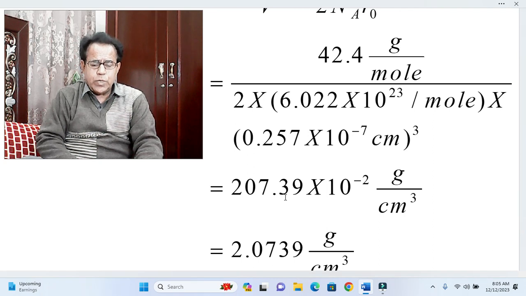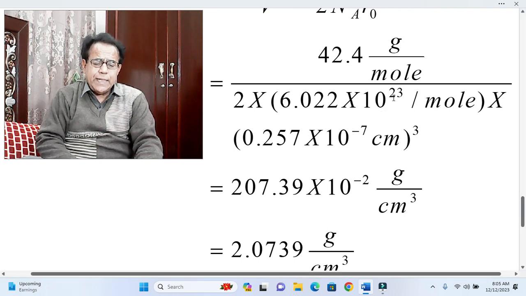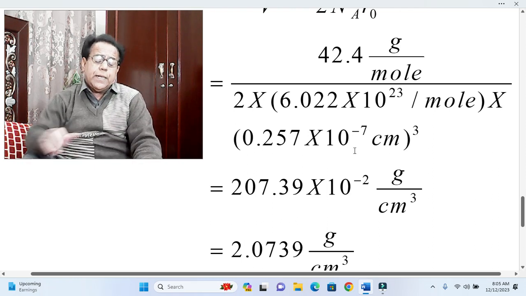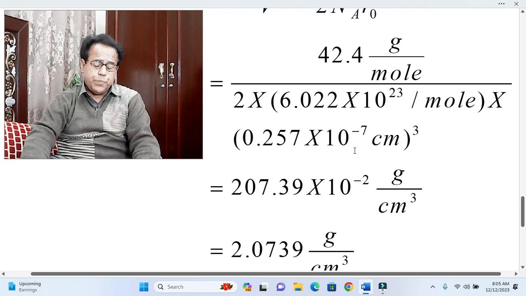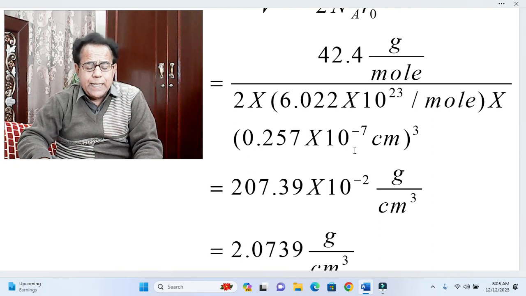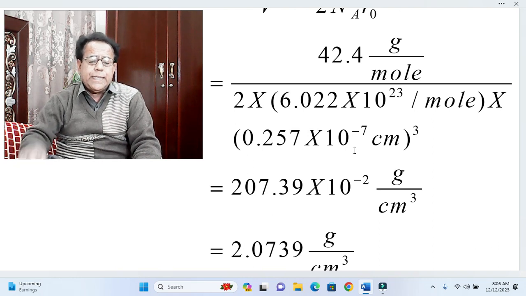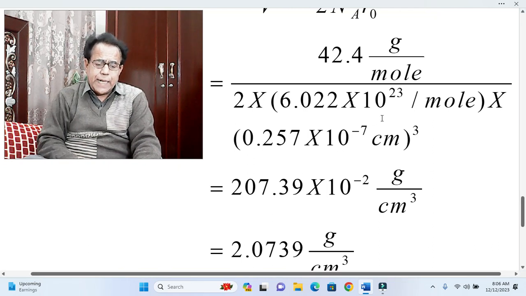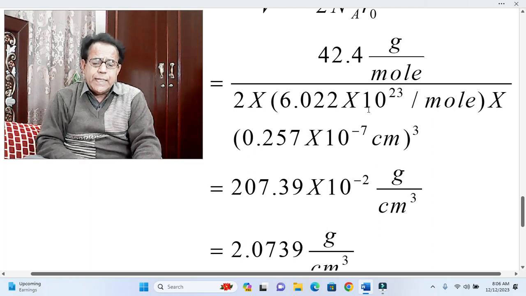Moreover, dear students, this is 10 raised to the power 23, while this is 10 raised to the power minus 7, but it is taken 3 times, so it becomes 10 raised to the power minus 21. So 10 raised to the power plus 23 and 10 raised to the power minus 21 means 10 raised to the power 2 will remain in the denominator, and when shifted to the numerator it becomes minus 2.